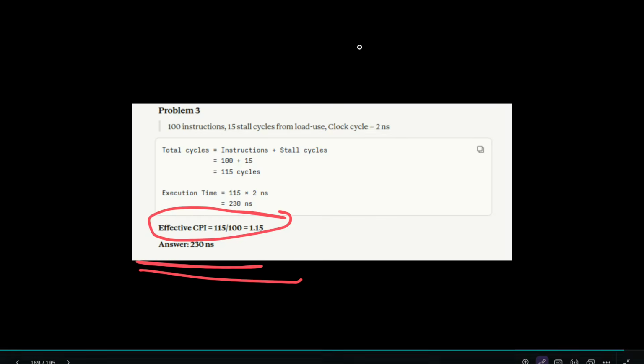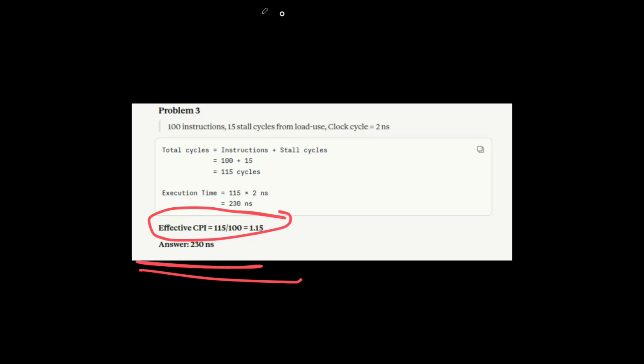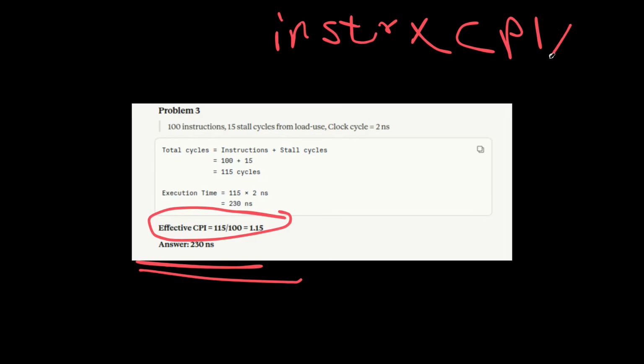See, our basic formula is total number of instructions into CPI into clock time. The instruction count and clock time are given, and the CPI we have to calculate.